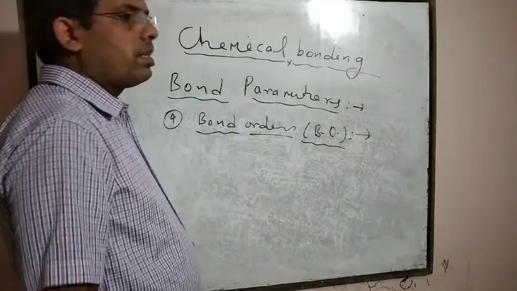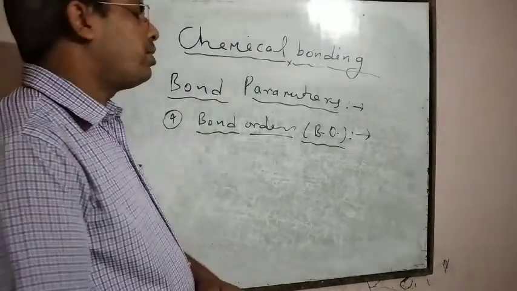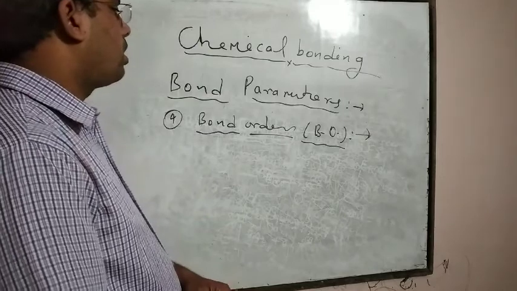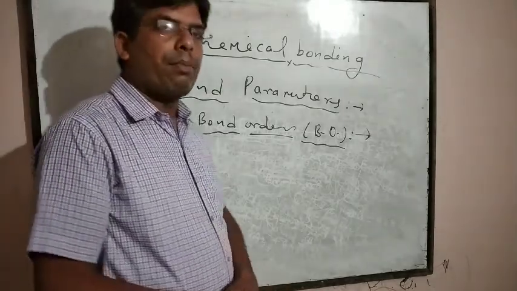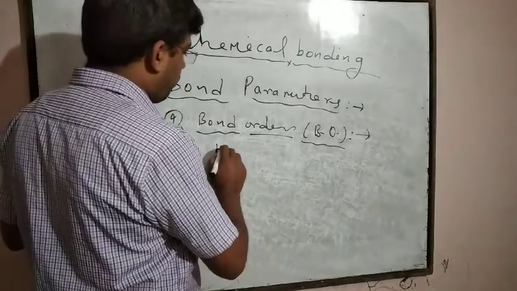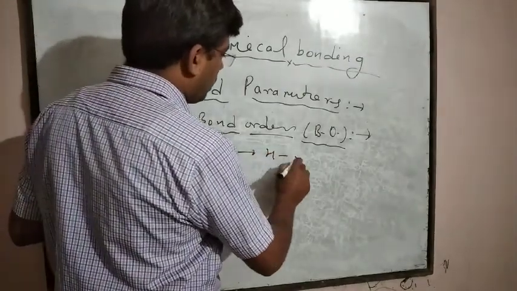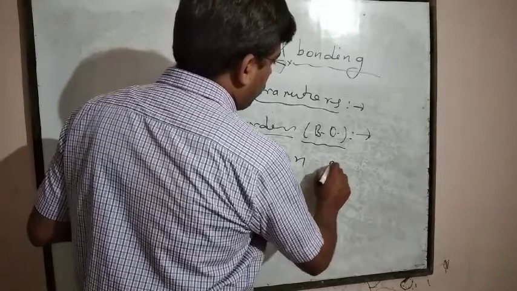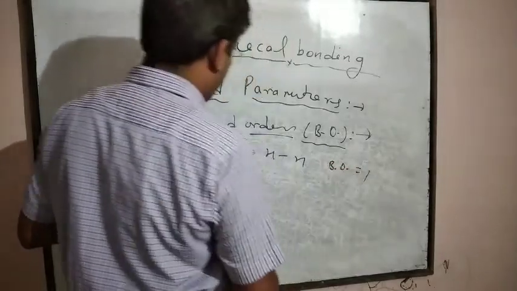Bond order is defined as the number of bonds between two atoms. For example, if H2 is taken, H single bond H, here the bond order is equal to 1.